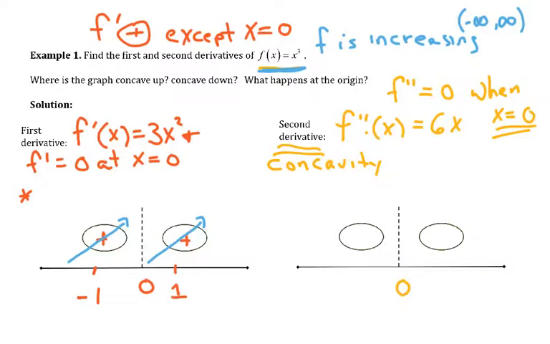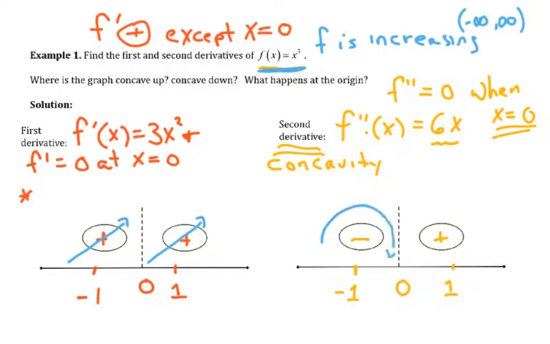So I will test again, -1 and +1. We plug -1 into the second derivative. Of course, that's negative. If you plug +1 into the second derivative, that's positive. So what does that tell me about my original function?